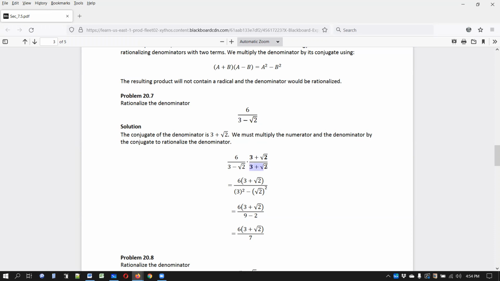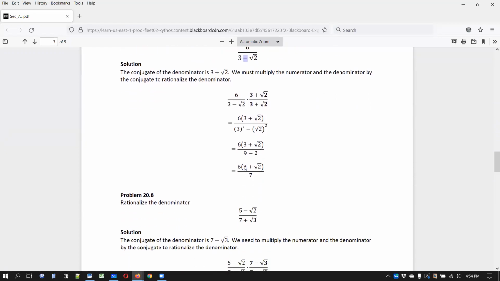The conjugate that I'm going to use is the same two terms, but 3 plus radical 2. So the multiplication happens the same way as it did before, as we saw in the previous video. And at the end, if possible, we'll simplify.